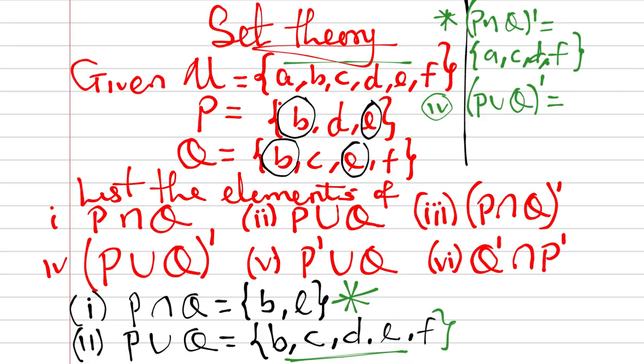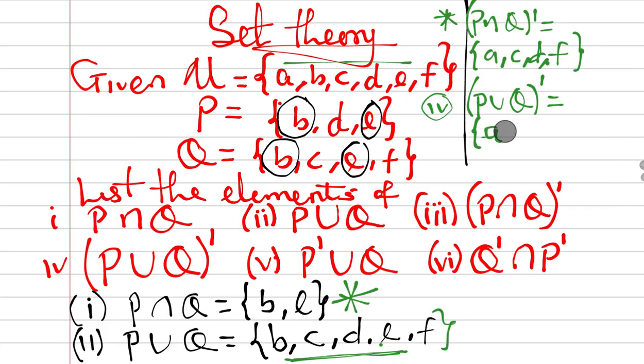So what are the values now? A is not there. A is in the universal set, but A is not in this place. B, C, D, E, F are there. Let me clean this part.